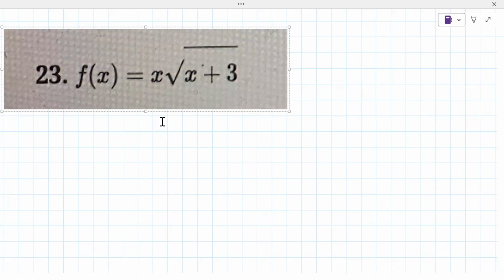Is it just x plus 3 to the half? Is that your final answer? It's product rule, right down the middle. Oh, product. Right, okay.